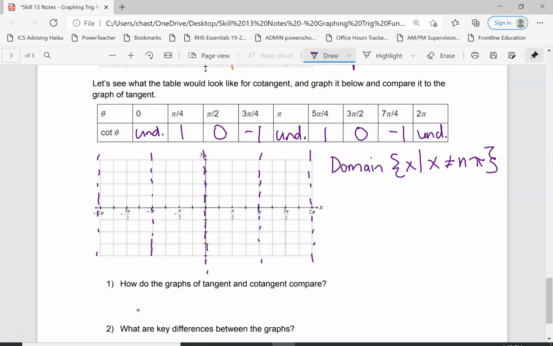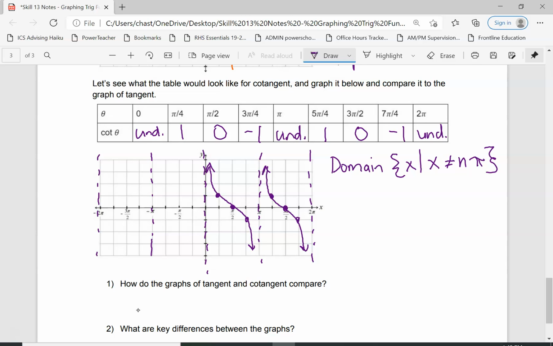All right, so the graph. At pi over 4, we have 1. Pi over 2, 0. 3 pi over 4, negative 1. So it's going to kind of come downward, a decreasing function. 5 pi over 4, 1. 3 pi over 2, 0. 7 pi over 4, negative 1. And that's what we've got.